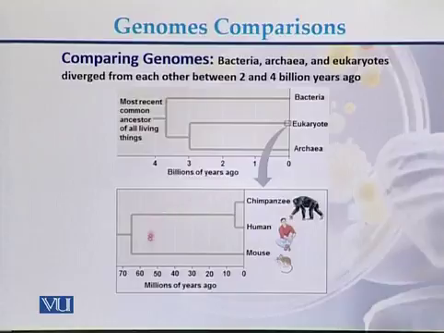The genomes of mouse and humans diverged from each other approximately 60 to 70 million years ago. Human and chimpanzee genomes diverged from each other less than 10 million years ago.